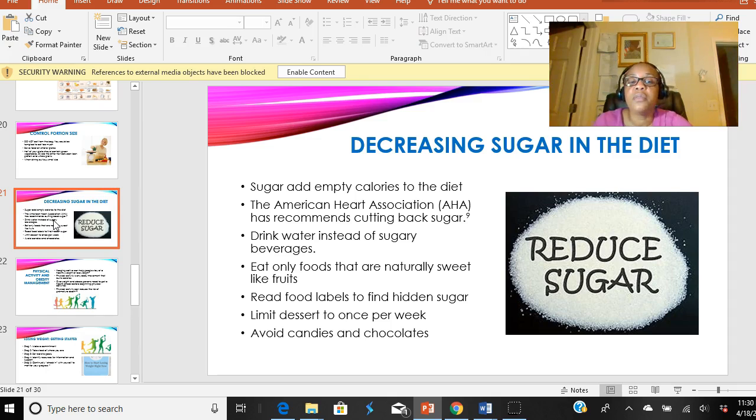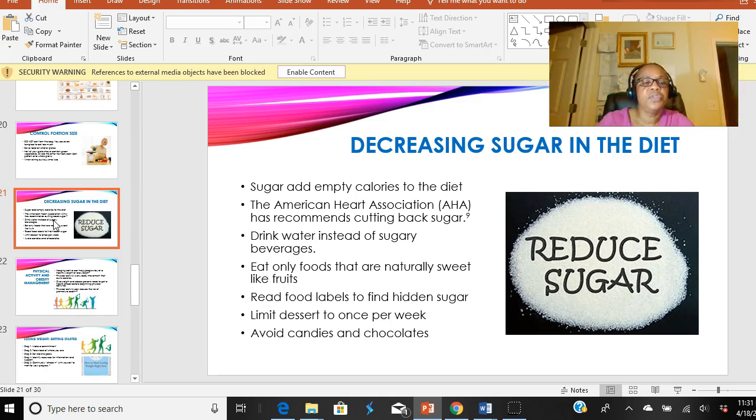How can you do that though? Drink water instead of sugary beverages. We have reiterated that before. Eat only foods that are naturally sweet, like fruits.